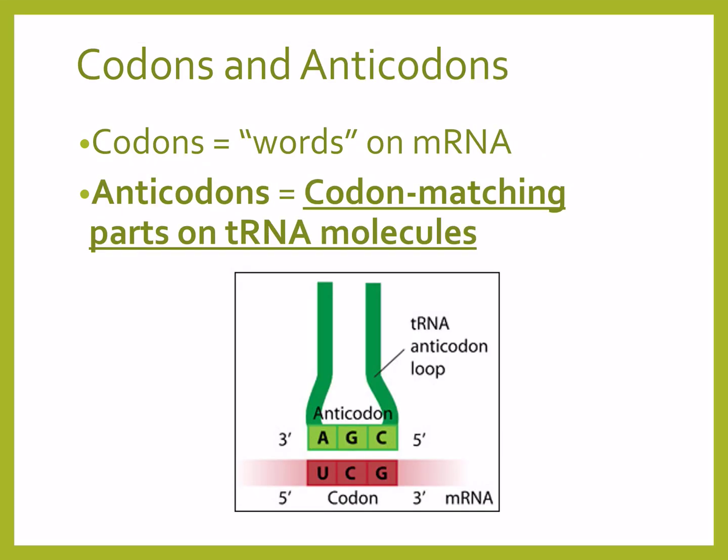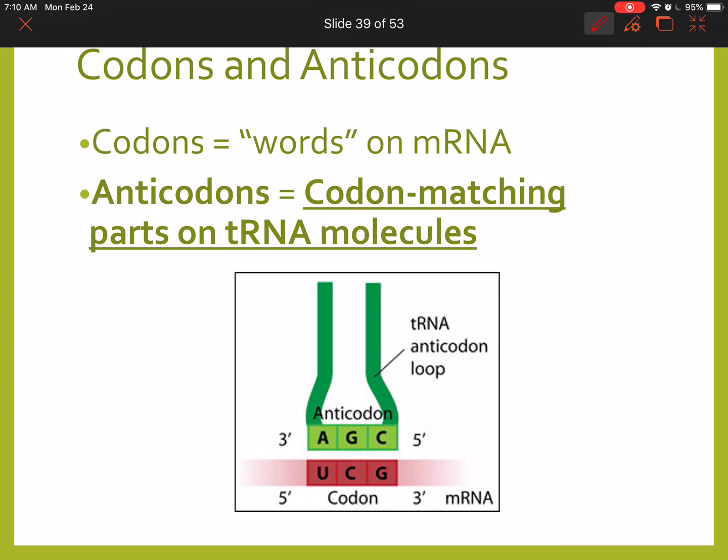Now, the way it knows which codon it belongs to is every tRNA has an anticodon. Now remember, codons are 3-letter words in mRNA. So the mRNA has the codon UCG. tRNA has the opposite, or the anticodon.